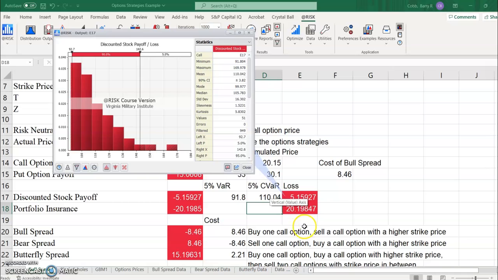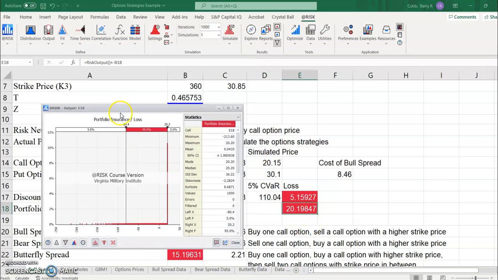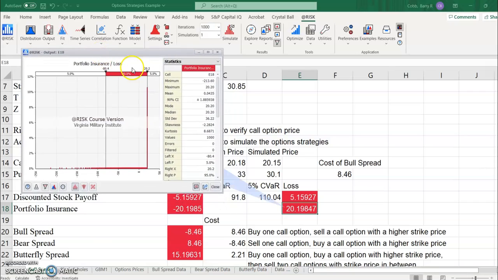Now let's look at what portfolio insurance does. In terms of the loss, the portfolio insurance, the 5% of largest losses are all above $20.20, and in reality, they're probably all $20.20 because the median here is $20.20.